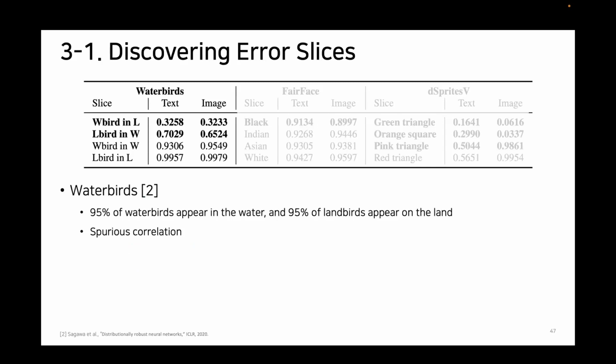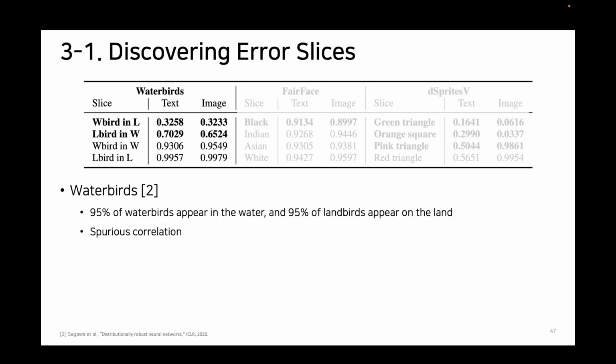For the experiments, they first use the Waterbirds dataset, in which 95% of water birds appear in the water, and the rest, 5%, appear on land.